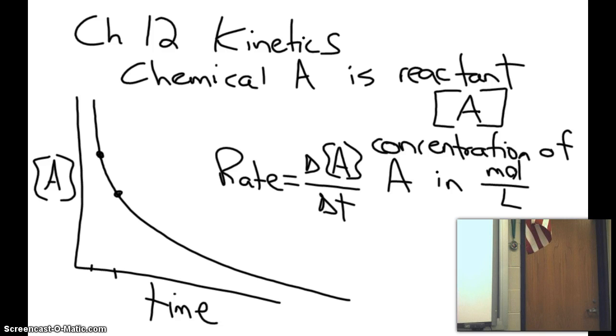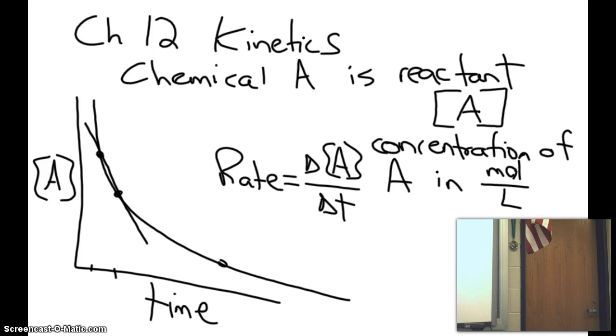There is one little thing I've got to add to this, and one other little statement. At this point right here, if we did the slope between these 2 points, you can see that it's pretty steep. There was a change in A over time, and it was a pretty steep one.